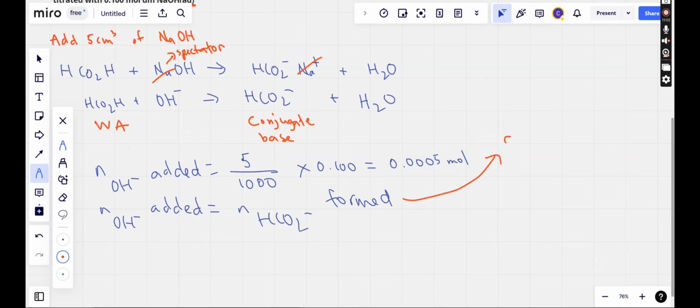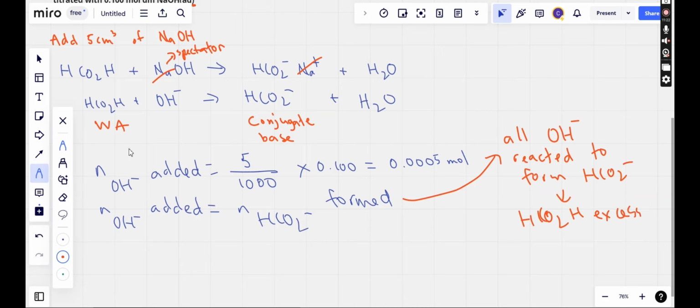This is because all the OH minus reacted to form HCO2 minus, and HCO2H is in excess. Okay, so right now it should be clear that there is no more OH minus.